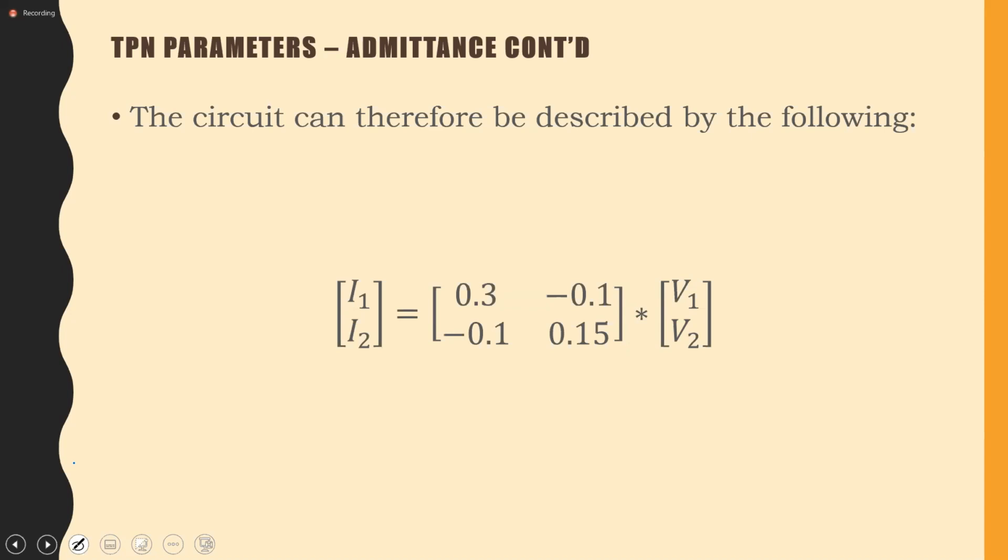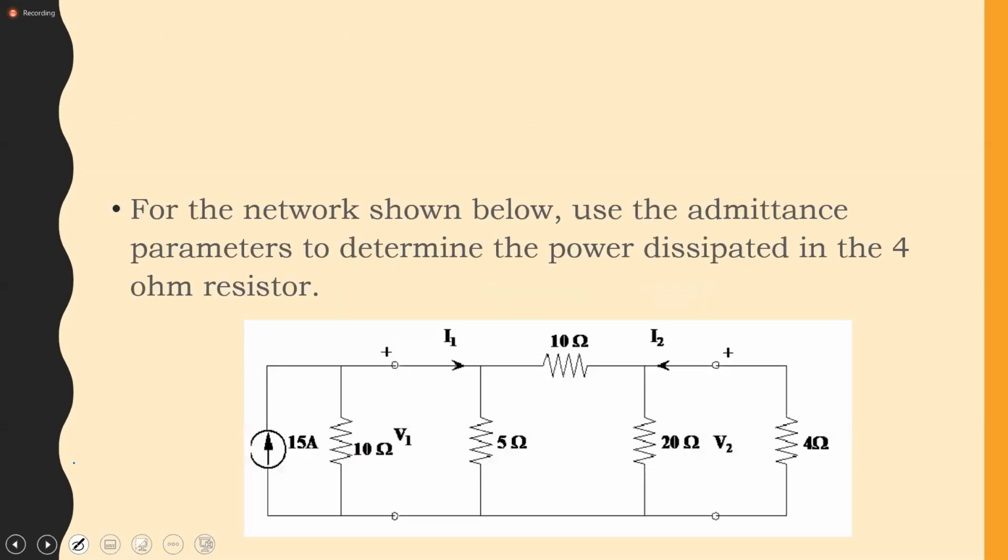So what we're going to do now is to use these parameters to analyze a simple network, because this evening, it's just about introduction to two-port networks. So take this question for me.